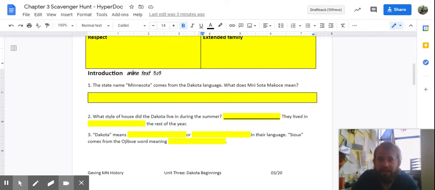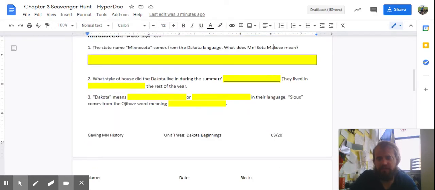The name of our state is a word that is appropriated and borrowed and taken from the Dakota language, and we'll find out what Minnesota here, this is how we'd spell it in Dakota, Minnesota Makoche, finding out what Makoche means.